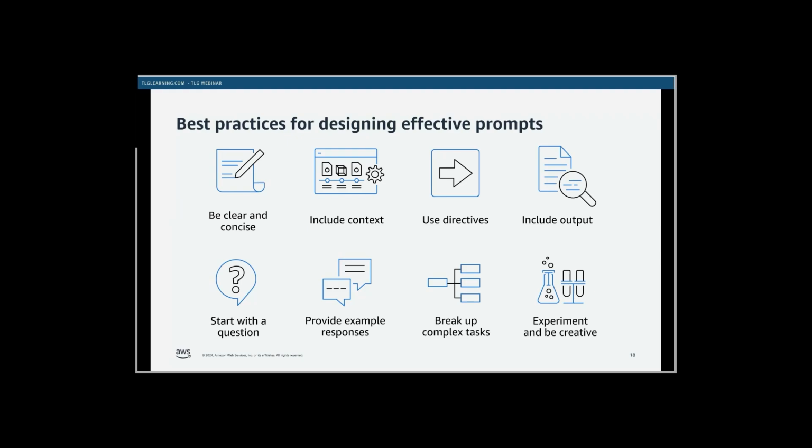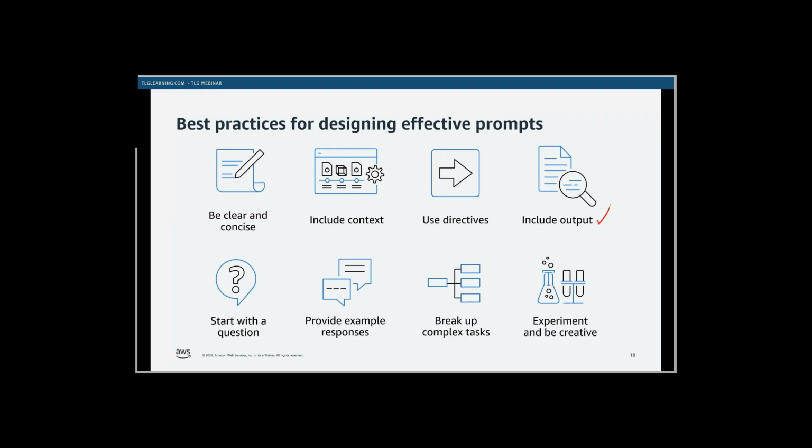Include the output, and again, output would be things like the limitations. That's where we had summarize this in two sentences, or if you're asking it to explain a concept, you provide three different examples of this concept that I'm asking you about.